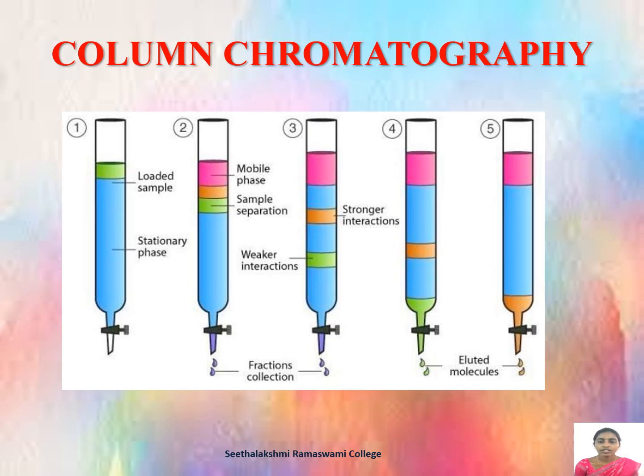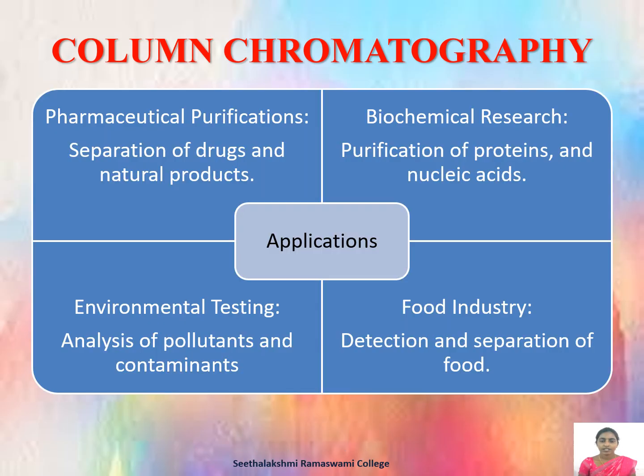Separation becomes more distinct and different colored bands represent different compounds. Fifth, elution and collection. As the mobile phase continues, compounds elute at different times. Each compound is collected in separate fractions. The final column shows all compounds separated and collected individually.